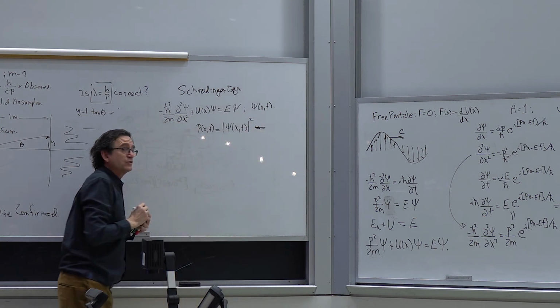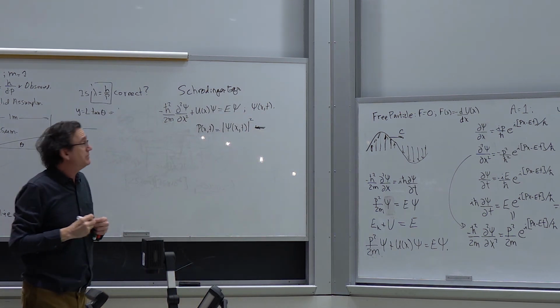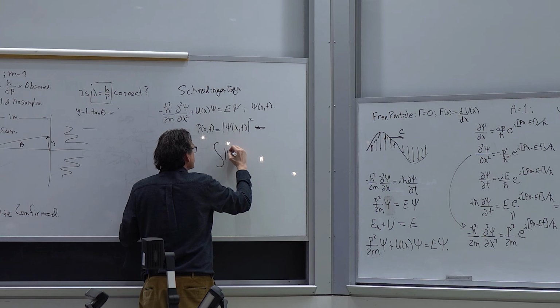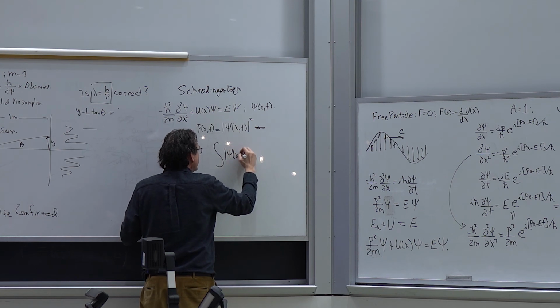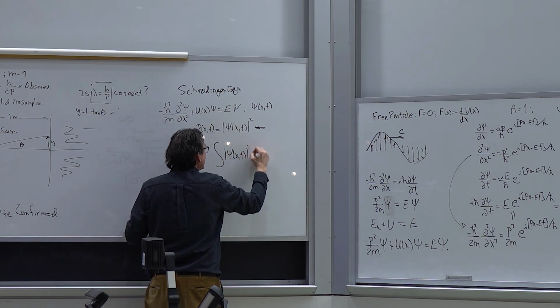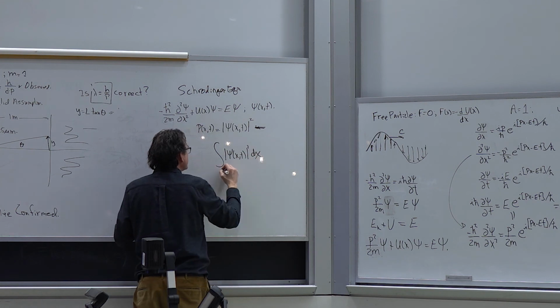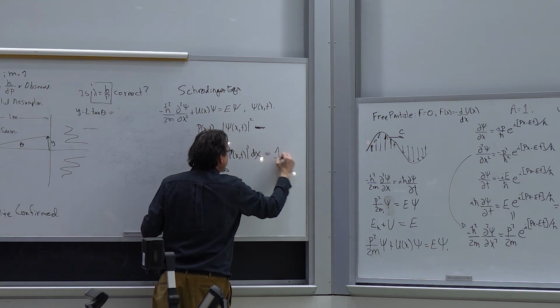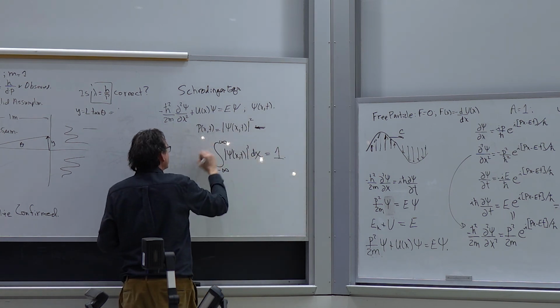It's going to give me the probability density, because one of the things that always has to be true is that the integral of psi of x and t, quantity squared, integrated over space, from minus infinity to infinity, must add up to 1, or to a constant.